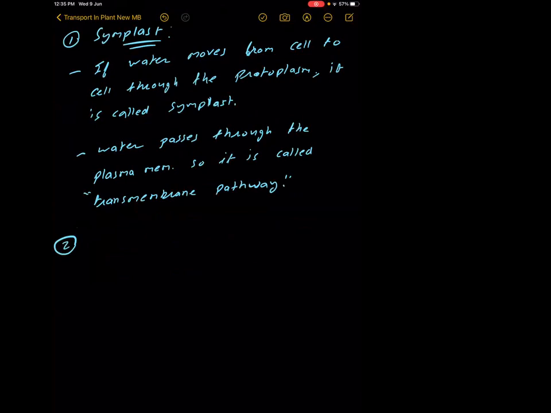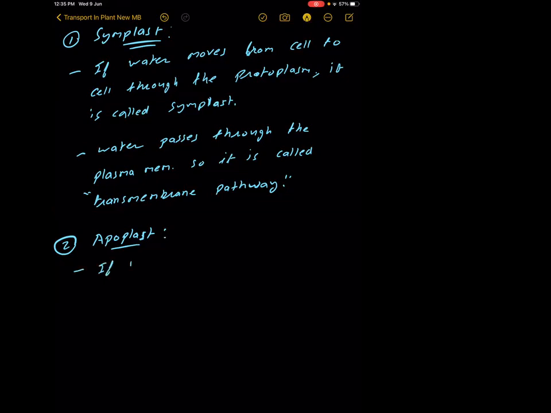The next definition in this pathway is apoplast. What does it mean? Apoplast means if the non-living part of the cell is included in water movement. So water moves through the xylem or cell wall, and that is called apoplast.